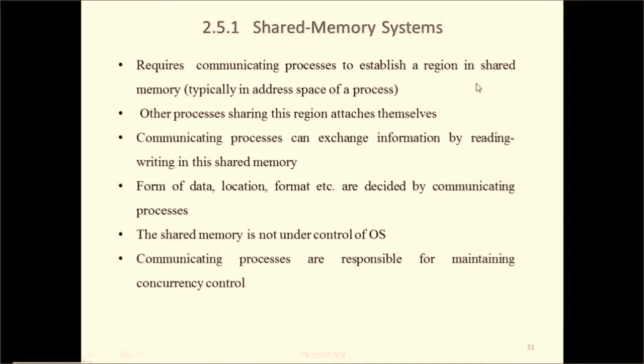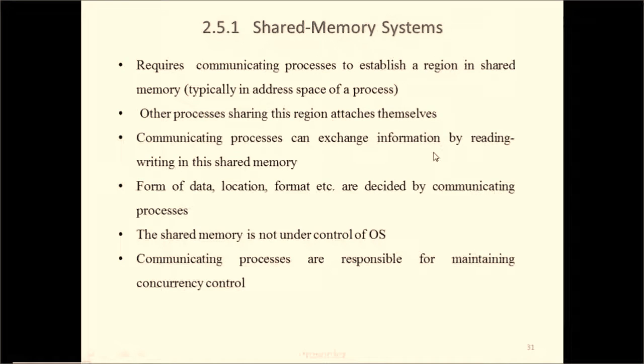Maybe, may not be. But yes, there is a region which is established by these processes and named as shared memory. Other processes sharing this region attach themselves, thereby saying that they are participants in the communication using shared memory.